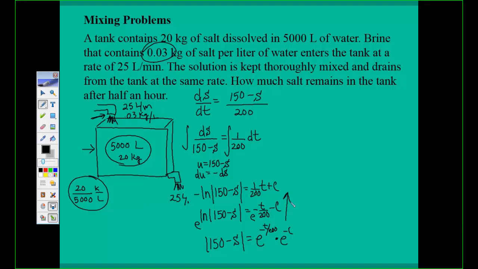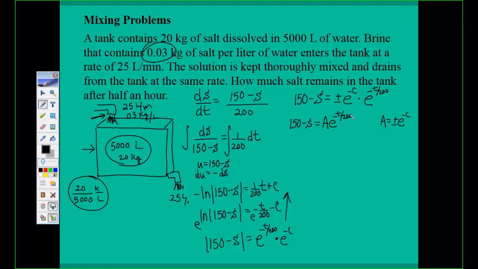If we take the positive and negative of the right side, we would have 150 minus S equals plus or minus e to the negative C times e to the negative t all over 200. We're trying to solve for S, but we are going to replace plus or minus e to the negative C with A. So we would have 150 minus S equals A e to the negative t over 200.